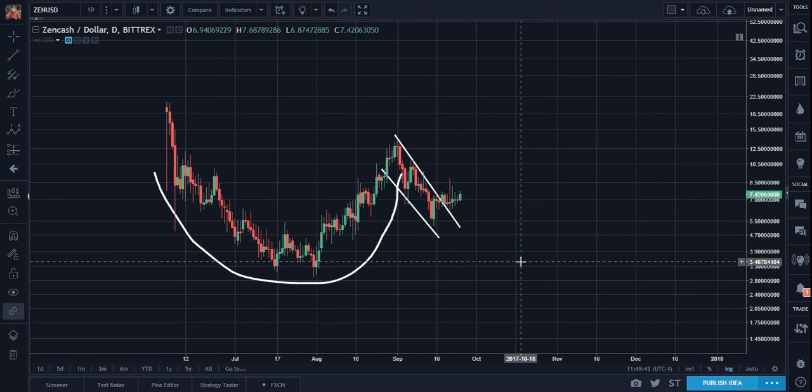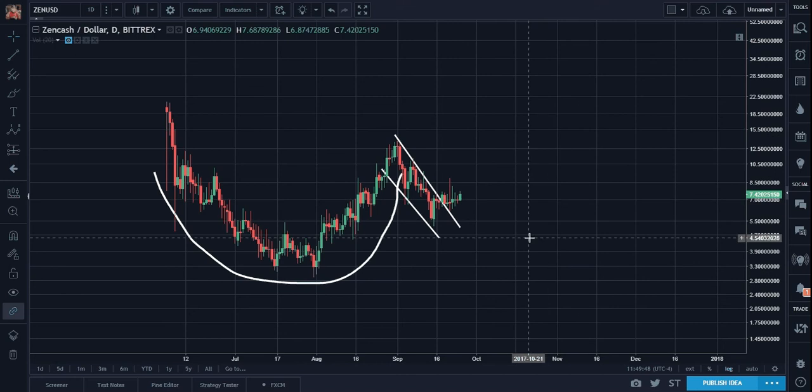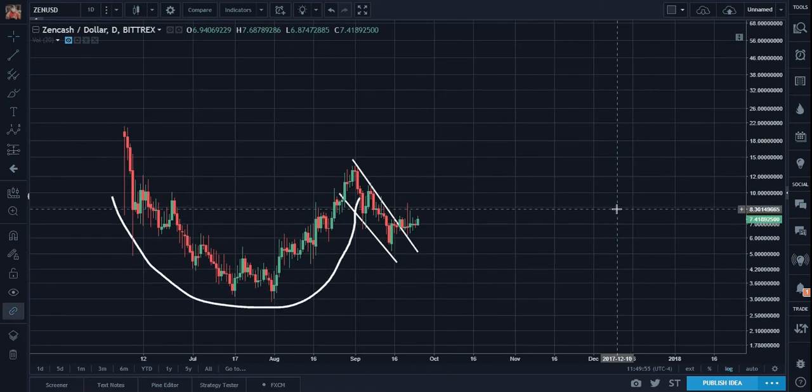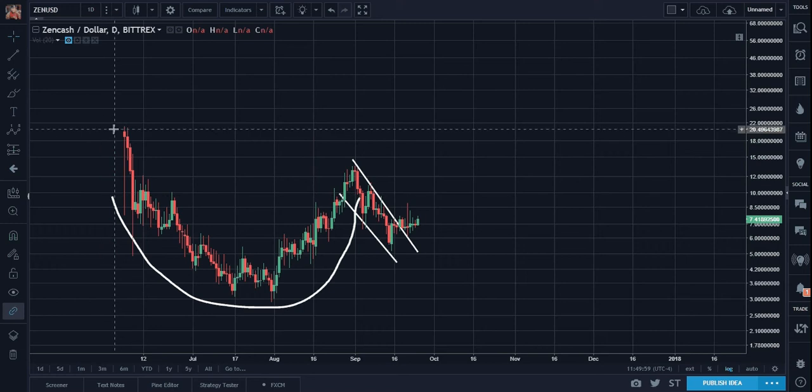So where could the top, not the top, where could the target be? The way I see it is, let's combine this pattern again with Elliott wave analysis. So this was clearly a correction.